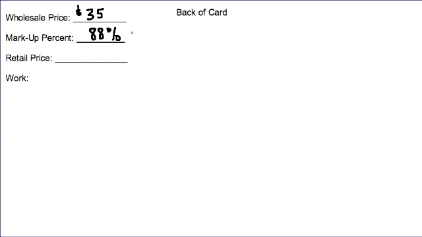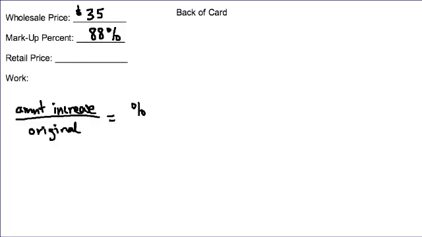Now there are a couple of ways to do this, and here we'll show a couple of different variations. The first thing I can do is find the amount of the increase by using the original price, which in this case is the wholesale, and making a proportion with the percent of the increase.